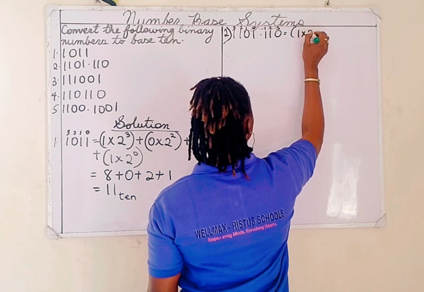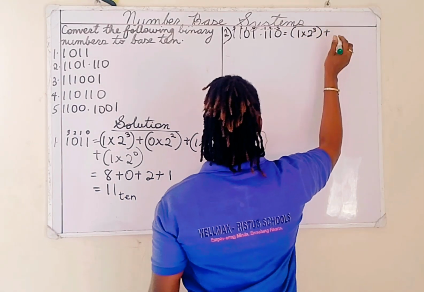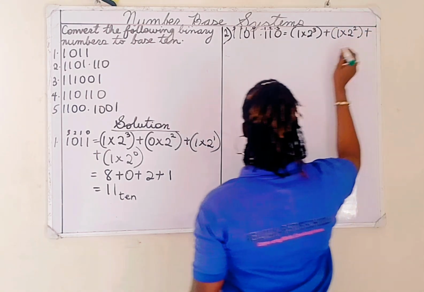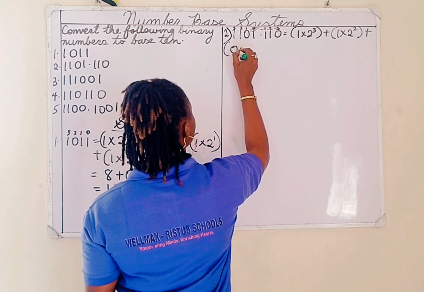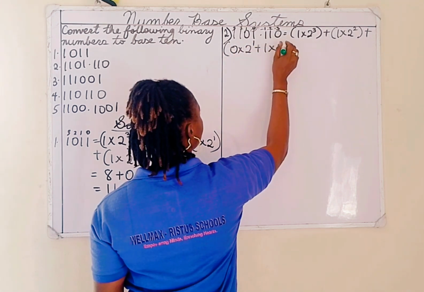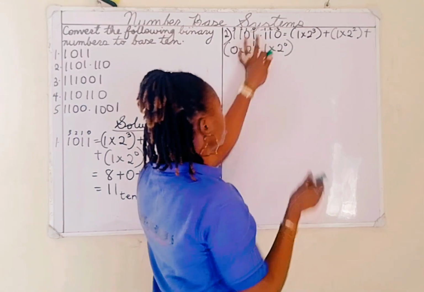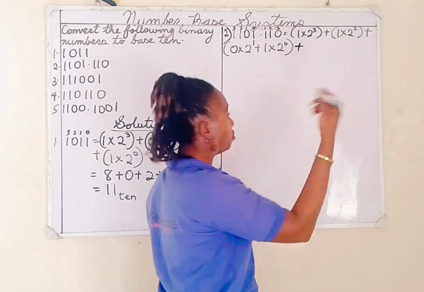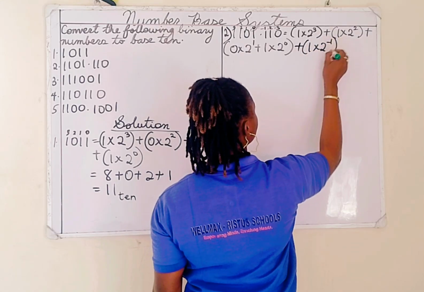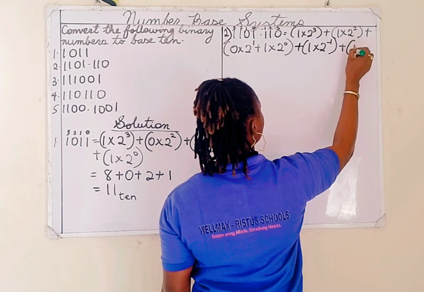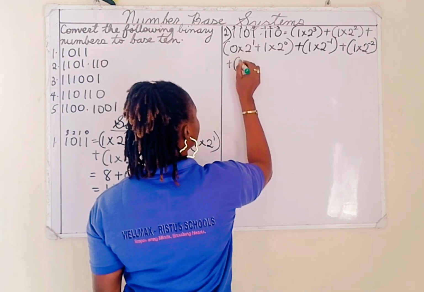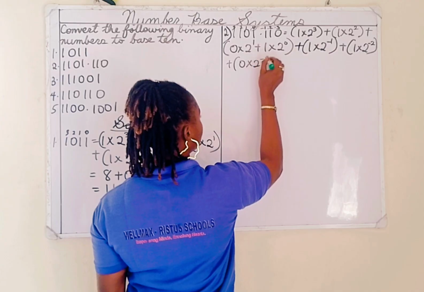1 times 2 to the power of 3 plus 1 times 2 to the power of 2 plus 0 times 2 to the power of 1 plus 1 times 2 to the power of 0. Right? Dots is still what? Plus. You are still adding. Plus 1 times 2 to the power of minus 1 plus 1 times 2 to the power of minus 2 plus 0 times 2 to the power of minus 3.